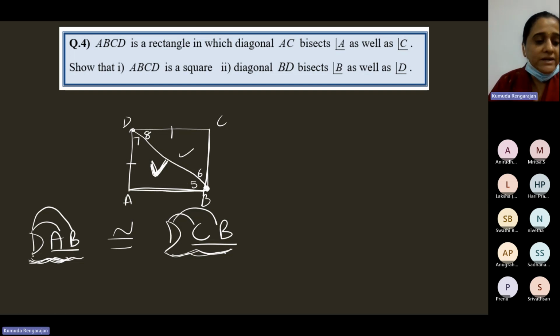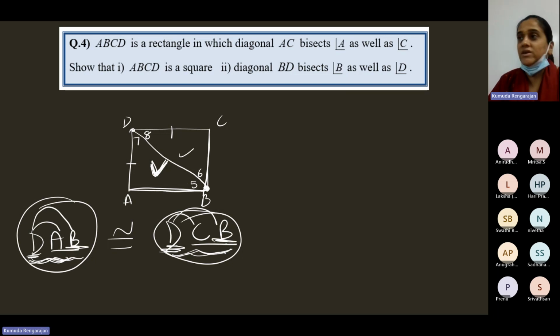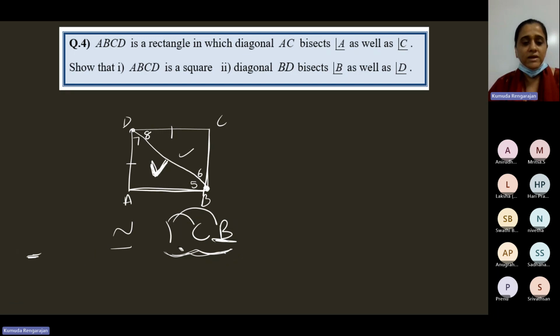So angle D is equal to angle D. Angle D of this triangle is equal to angle D of this triangle. Angle B of this triangle is equal to angle B of this triangle. See, though the letters are the same, the angles are different, no?